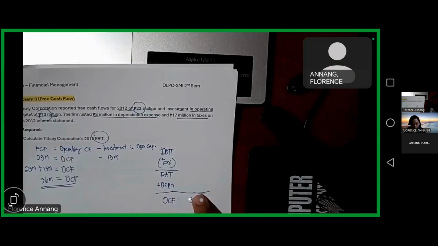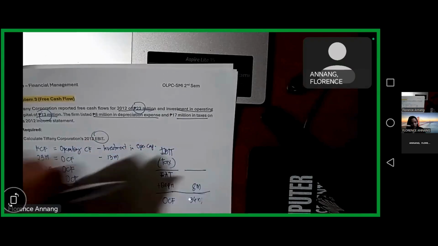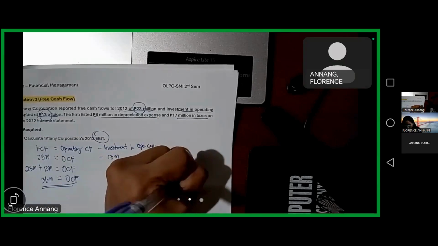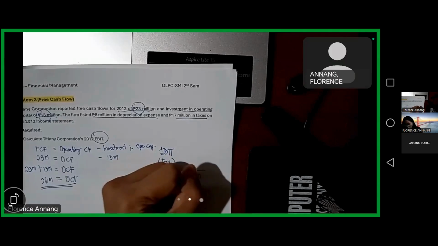So magkano ang ating depreciation expense? That is 8 million. So how much is our earnings after tax? That is 36 million less 8 million na depreciation. You get 28 million. Bakit tayo nag-deduct ng ating depreciation?